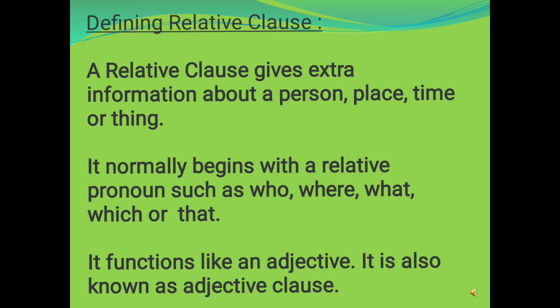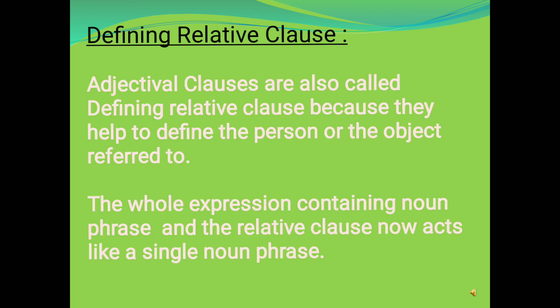It is also known as adjective clause. Adjective clauses are also called defining relative clauses because they help to define the person or the object referred to. The whole expression containing the noun phrase and the relative clause now acts like a single noun phrase.